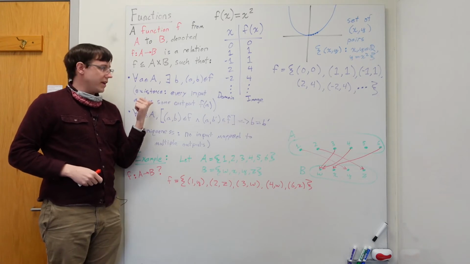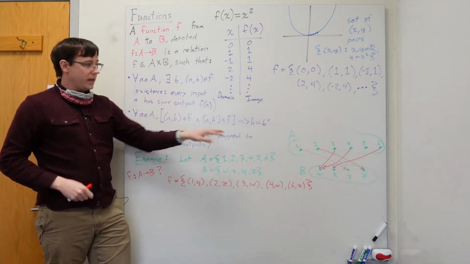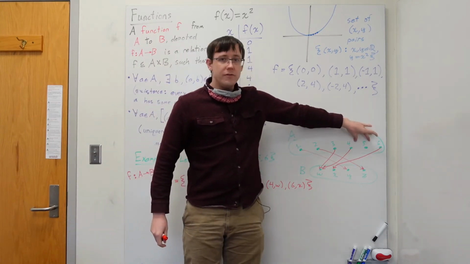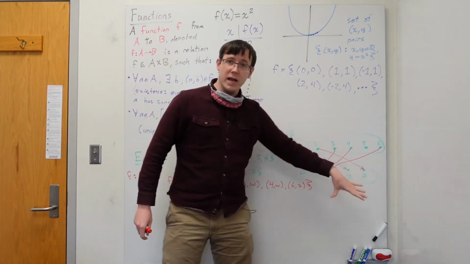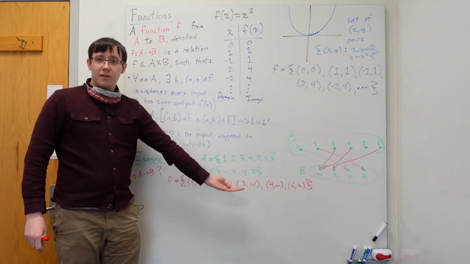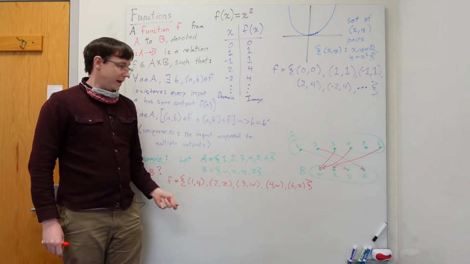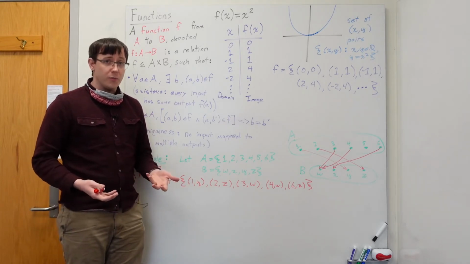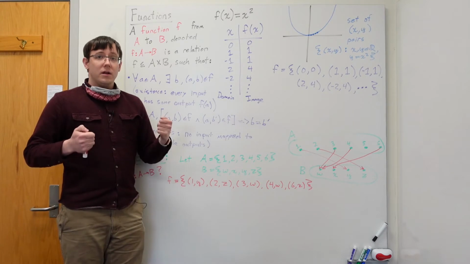Existence says that for every input, there needs to be some output, and here, 5 has not been mapped to any output. There is no pair in the set describing f that begins with 5, so we don't have the existence property, and so f is not a function.